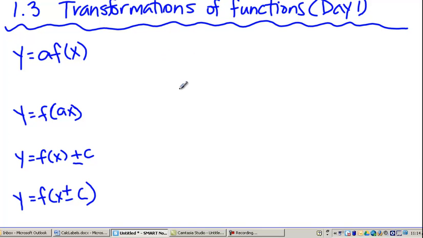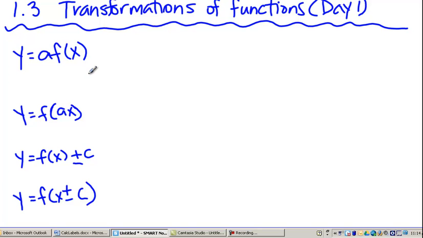Okay. So, graphing transformations of functions. There are only 4 transformations. We're going to talk about each one individually. The first one, y equals a of f of x. Hopefully you've heard this before, but whatever's inside the parentheses, that's called the argument.